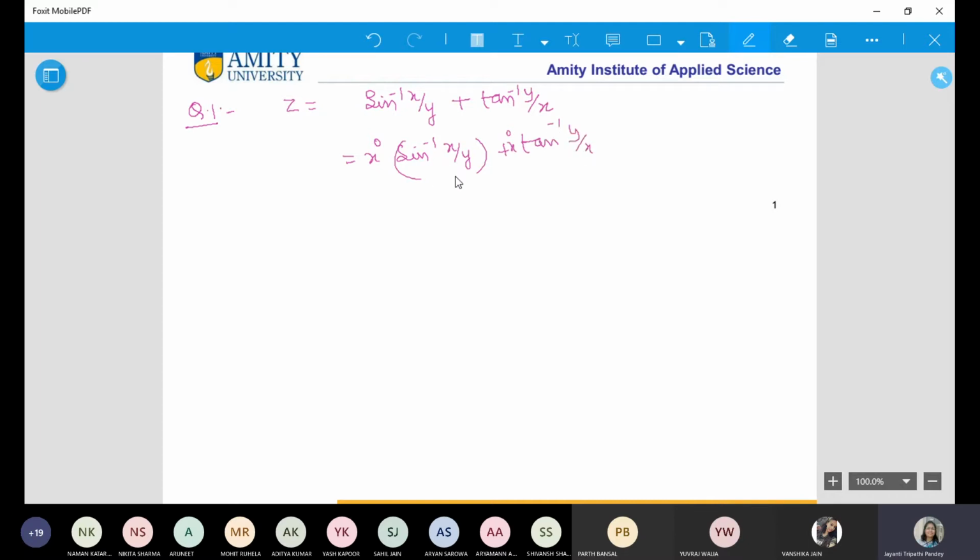Because when you expand it, you will get something in x upon y. And when you expand this, you will get some functions of x upon y and y upon x. Something like that, of degree 0 everywhere. Right? Yes or no?